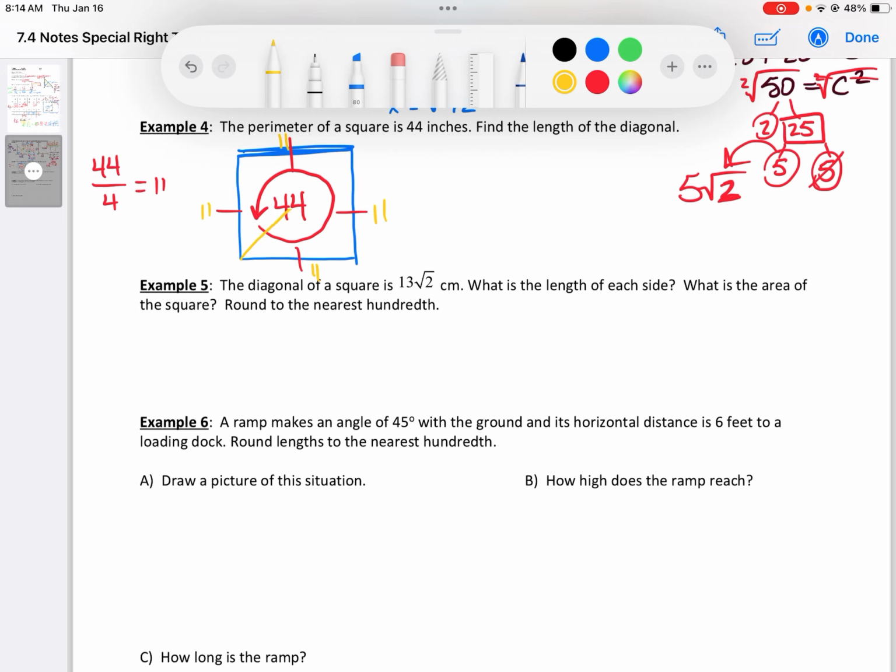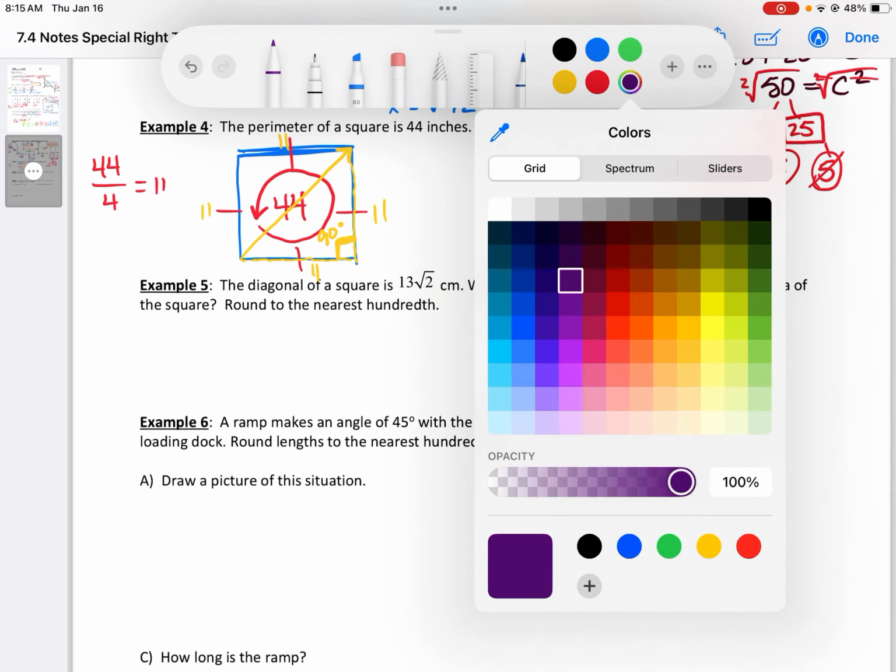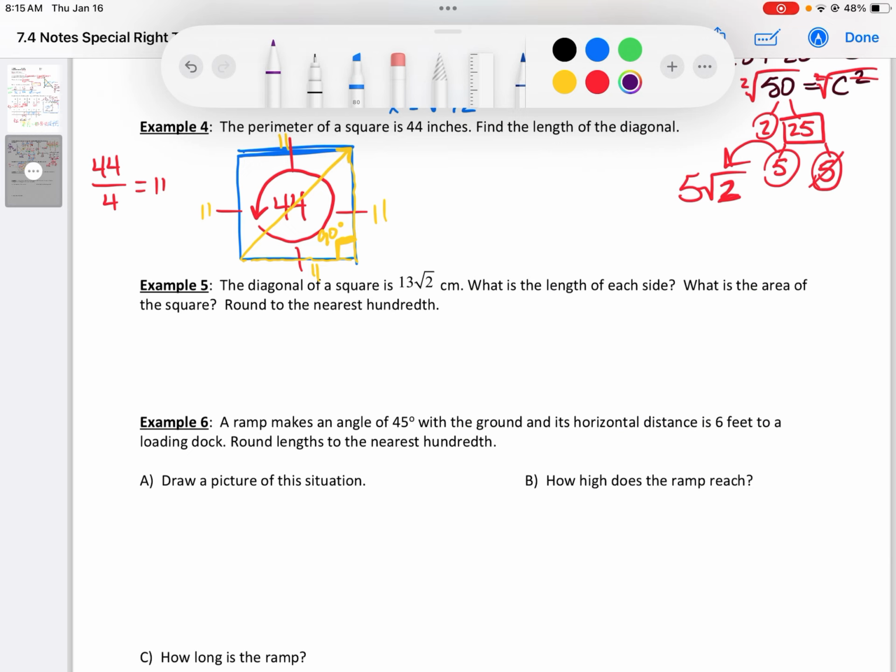Now, what I'm actually looking for is the diagonal. So I'm looking for the hypotenuse of the right triangle that's created when you draw a diagonal line dividing this square. Now I move more into the multiplication side of things. A, B, C. A squared plus B squared equals C squared.